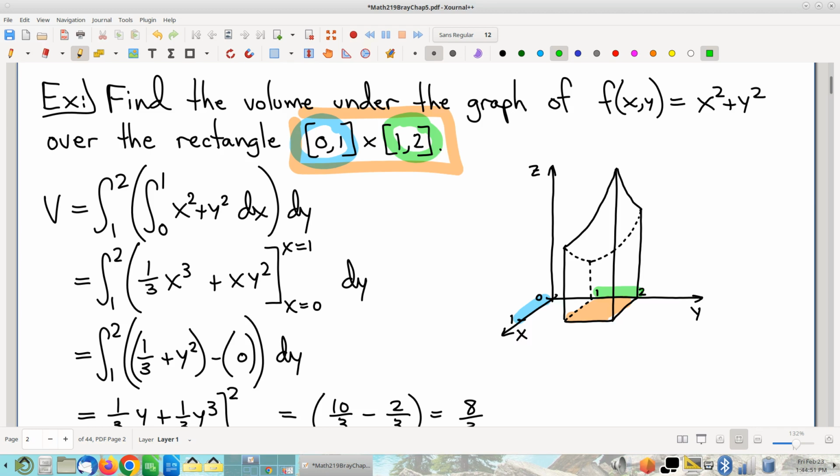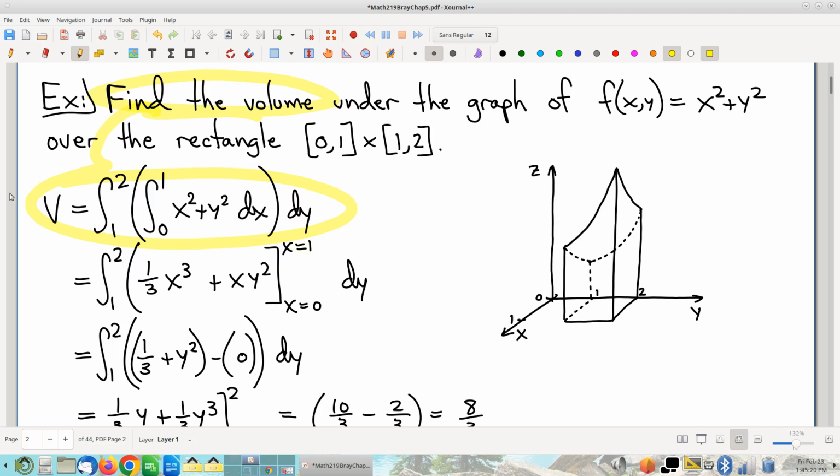It's a very convenient, compact notation to help us describe an entire rectangle in the xy plane. Okay, so the question is: find the volume under the graph. We've already argued that a volume is this iterated integral, just lifting exactly from what we saw earlier on this page.